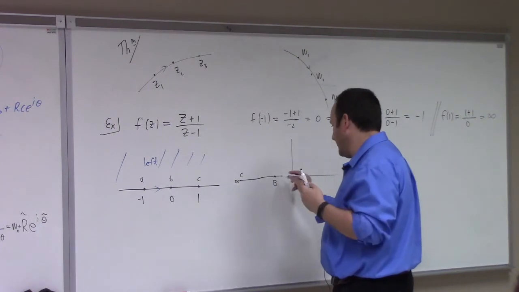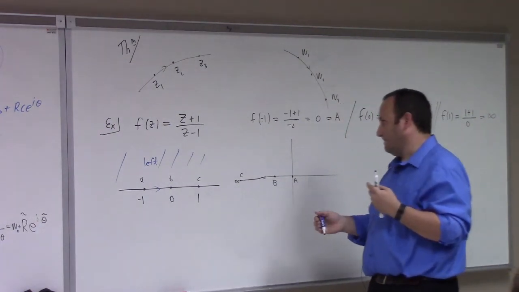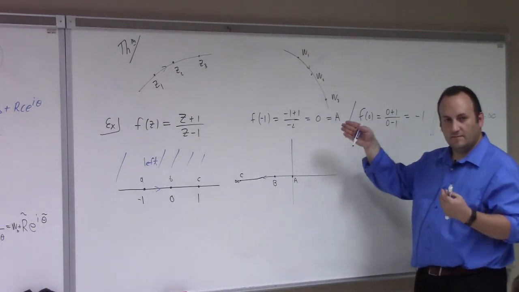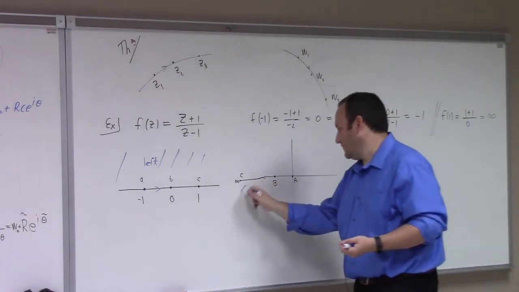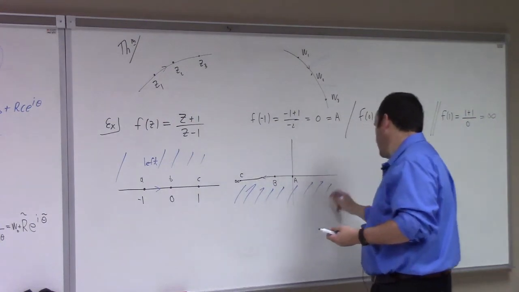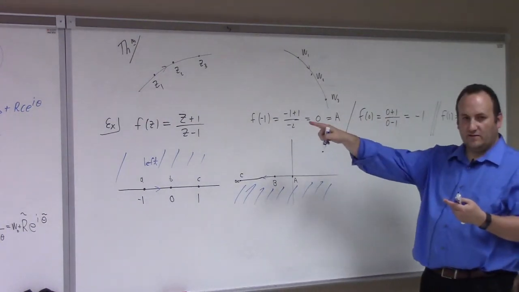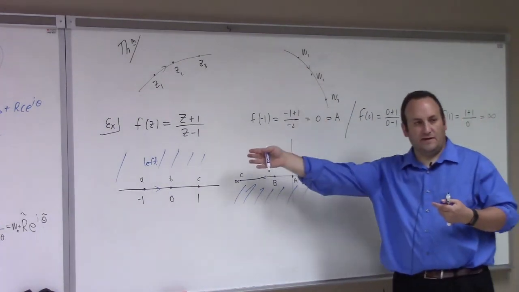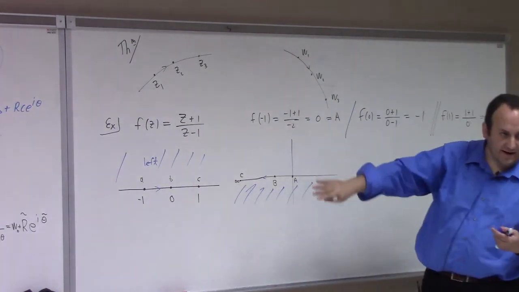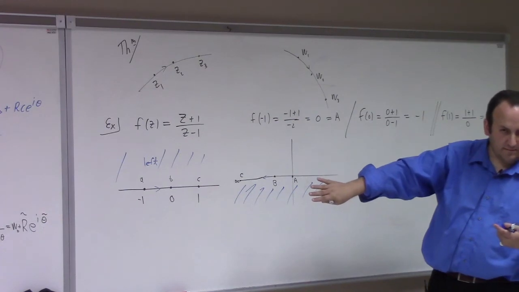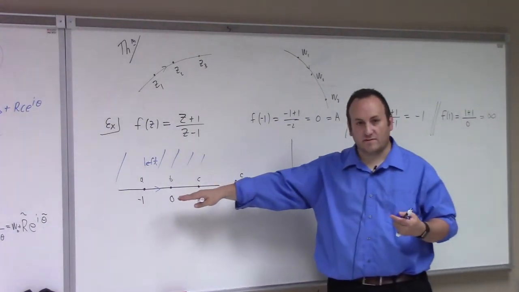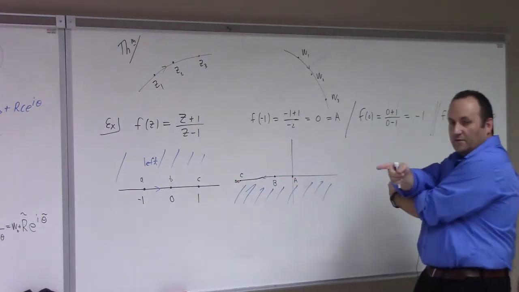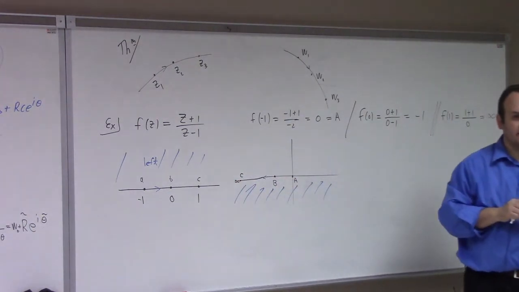How about here if I go from A to B to C? What's on the left? Down. So this mapping f is actually a conformal map of the upper half plane to the lower half plane, which maps the real axis to the real axis, but also turns it over in that sense.